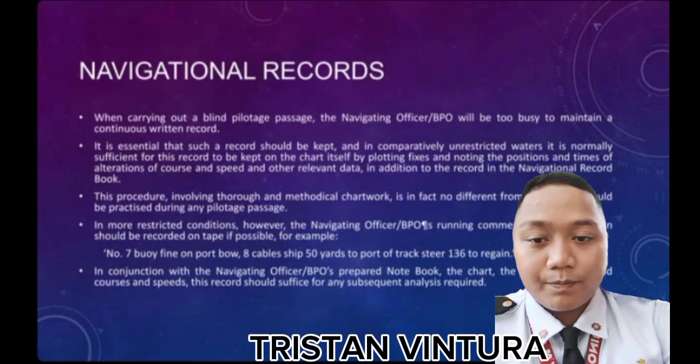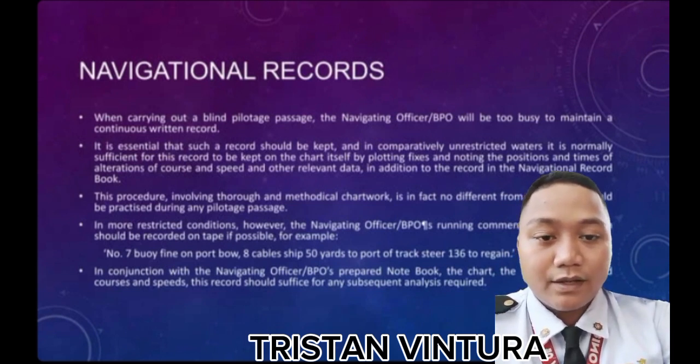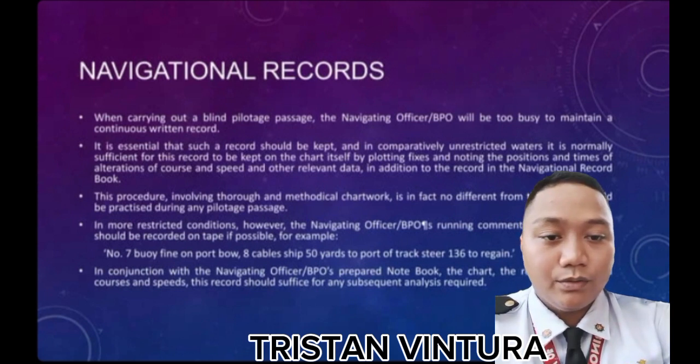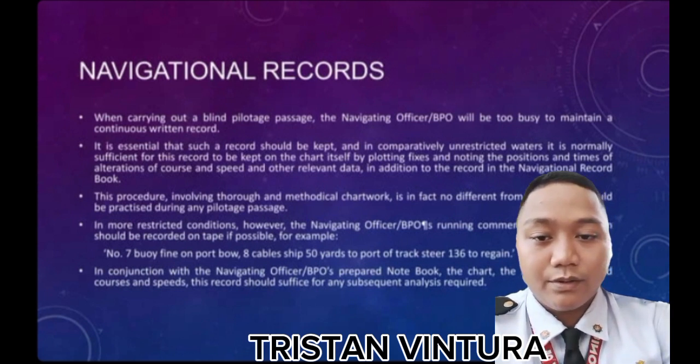Navigational records. When carrying out a pilotage passage, the navigating officer and BPO will be too busy to maintain a continuously written record. It is essential that such a record should be kept.